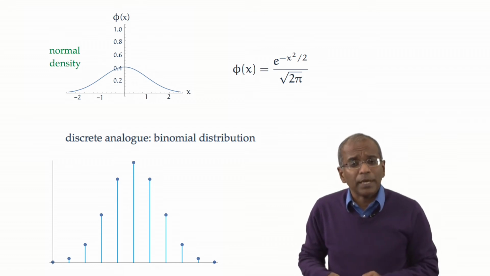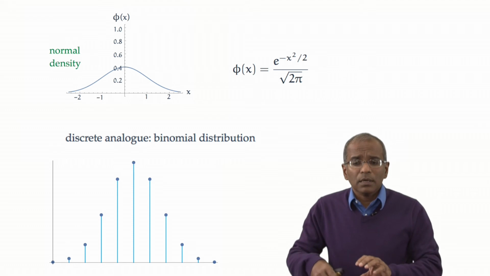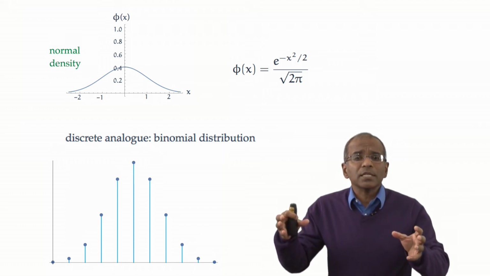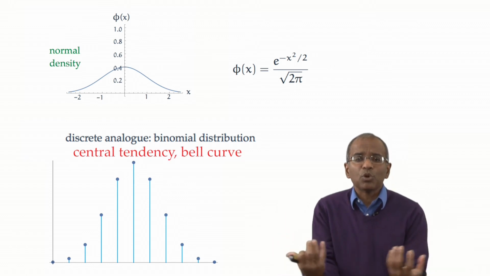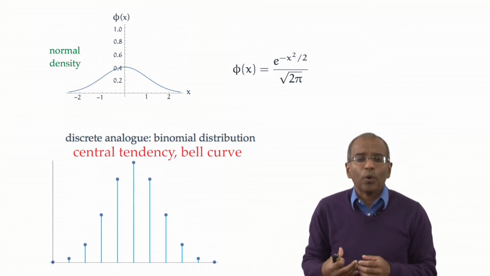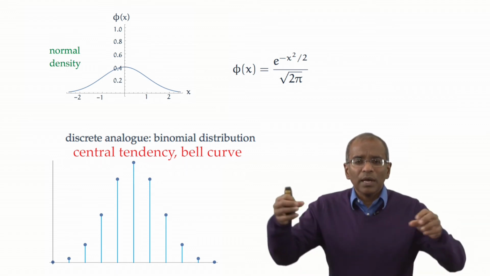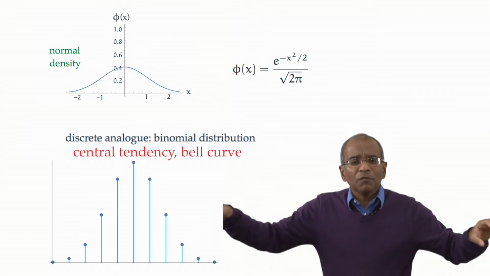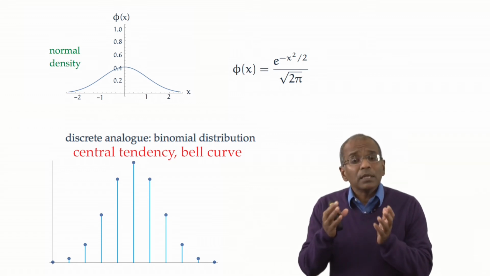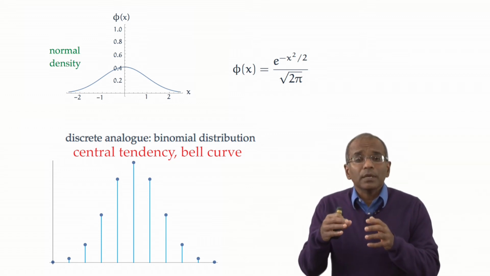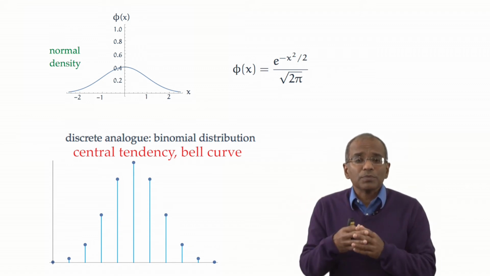So for the time being, the normal density arises naturally in settings where there's any kind of central tendency, when things are being brought in to the center in some way. Notice the normal density puts more mass around 0 and relatively little mass far away from 0. The bell curve turns out to be ubiquitous in the theory of chance.